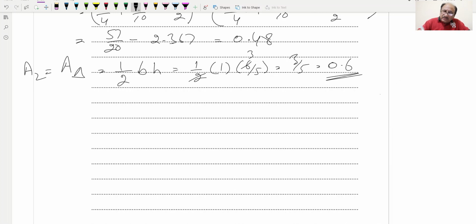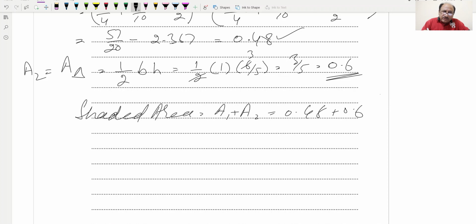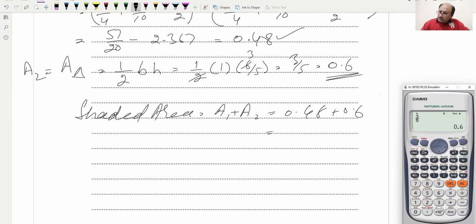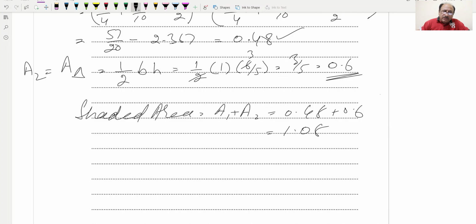So this area and this area we will be adding for the shaded area, which will be equal to A1 plus A2, which is 0.48 plus 0.6, which is equal to 1.08.